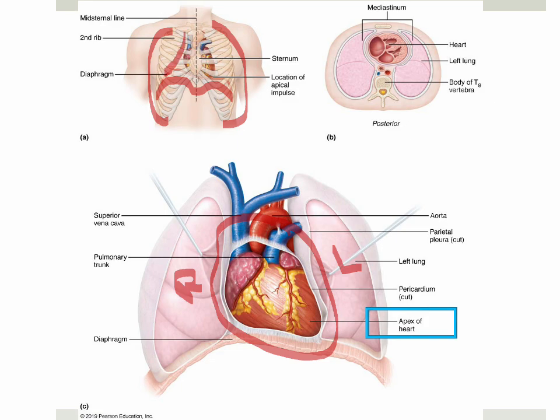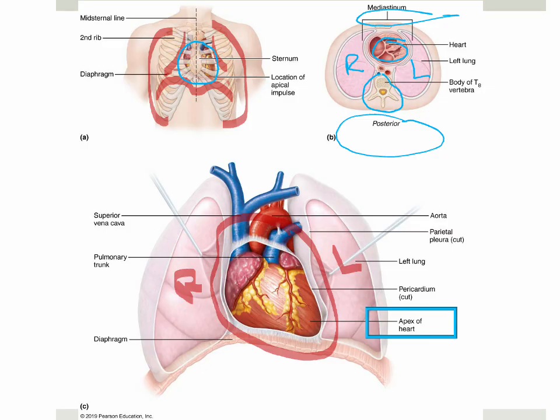The heart is contained in this area called the mediastinum. Same thing here: we have anterior, posterior, right lung, left lung, the heart contained here, and these are vertebrae and other vessels.